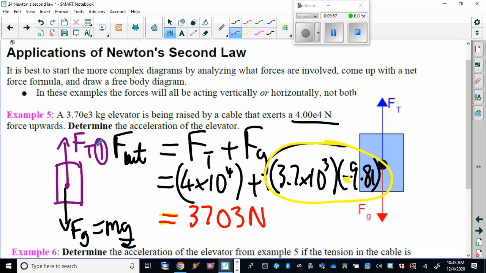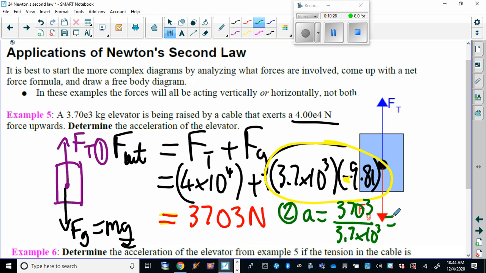Step 2 is just going to be to find the acceleration. The acceleration equals the net force divided by the mass. It's going to be about 1, isn't it? Which equals 1.0008.